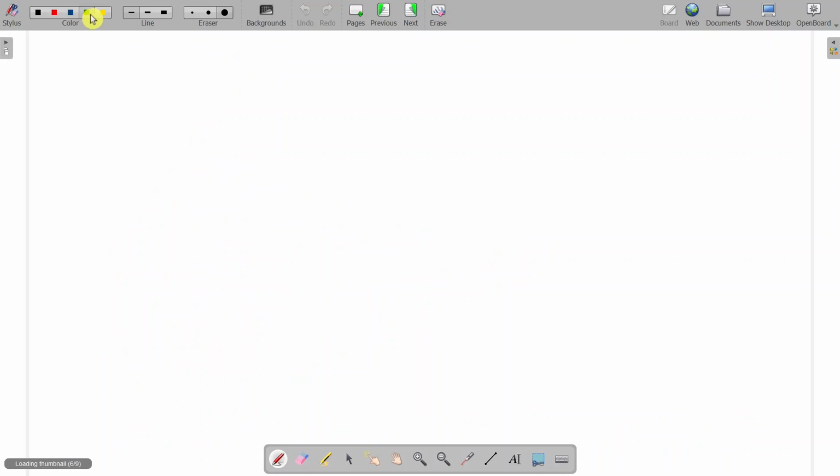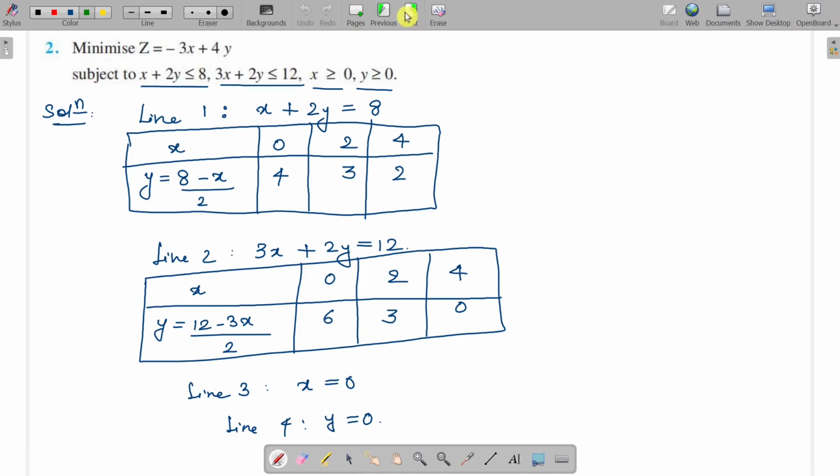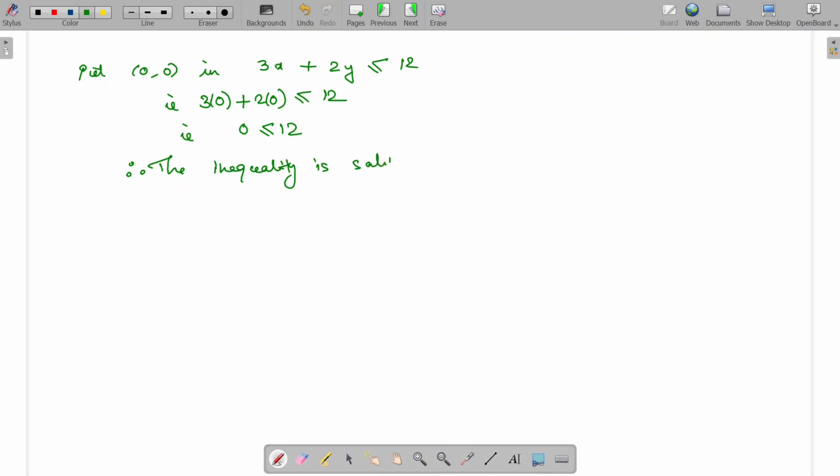Now let us substitute 0, 0 in the second line. Put 0, 0 in the second inequality, that is 3x plus 2y less than or equal to 12. That is 3 times 0 plus 2 times 0 less than or equal to 12. That is 0 less than or equal to 12. Therefore the inequality is satisfied, because this is true, right?